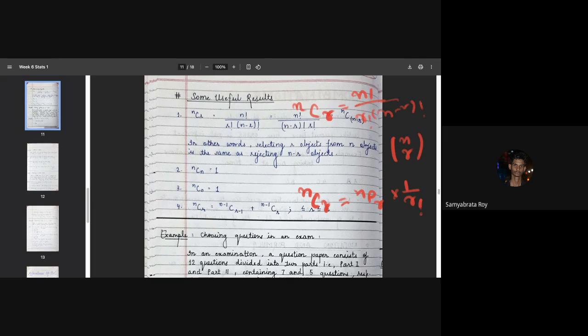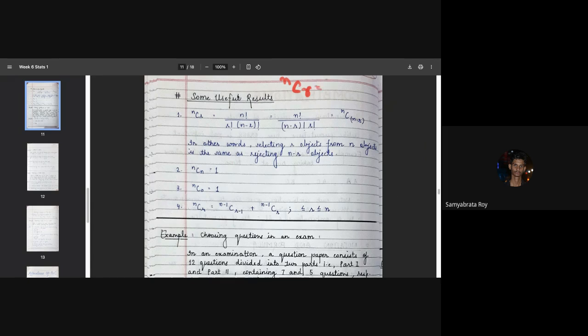So some useful results you should be knowing. Suppose we have been asked to choose r elements from n.